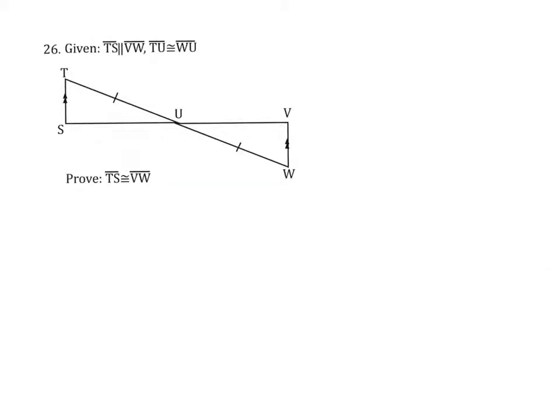Here's the example we're going to do together. The given information has already been marked on the triangle, and just like we did last week, we want to mark any other additional information. From here, we should be able to mark vertical angles in the middle. Then notice these have parallel lines, so I can trace and look for corresponding angles or alternate interior angles.